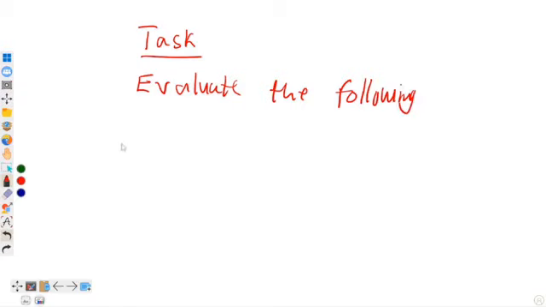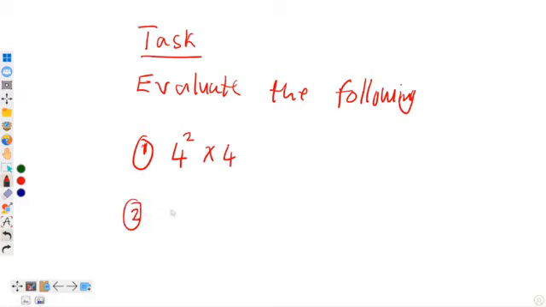The first one that I can give you, number 1, you have 4 power 2 times 4 power, just like that.